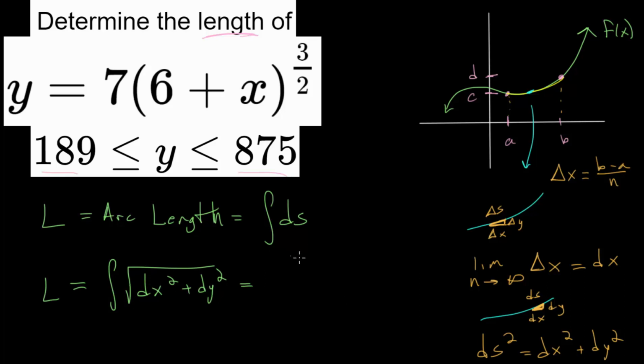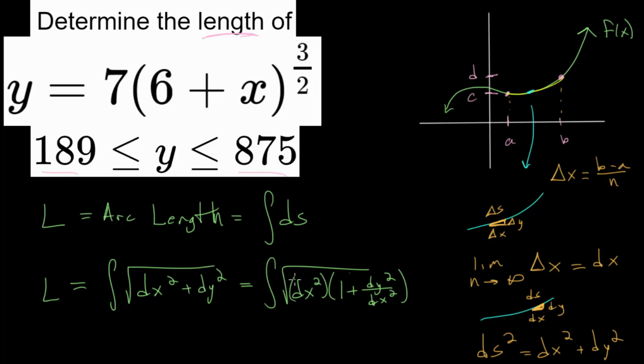But let's start by doing it with dx squared. So we have the integral of the square root of dx squared, and we factored it out from here, so we have 1. And factoring out from here, we will end up with dividing by dx squared, since if you remultiply this out, you get back what you started with.